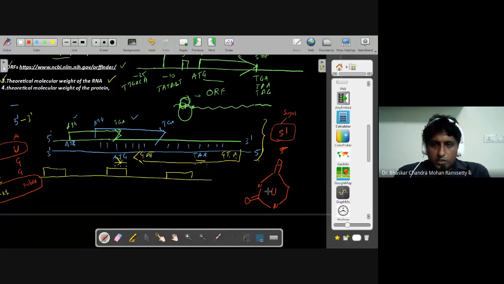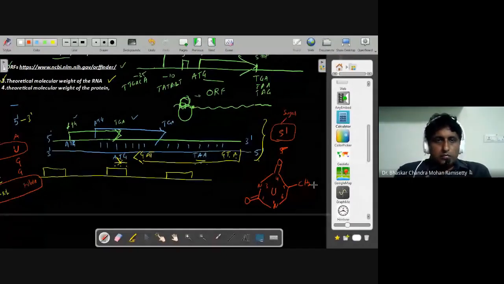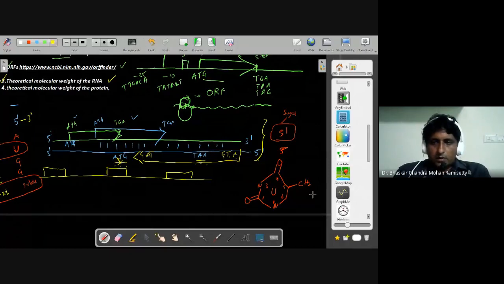5-methyl uracil is thymine. That means this is just uracil, and this would be 1, 2, 3, 4, 5, and 6. If I have added a methyl group here, then it would be thymine, right? So the difference between these two, uracil and thymine, is the methyl group.